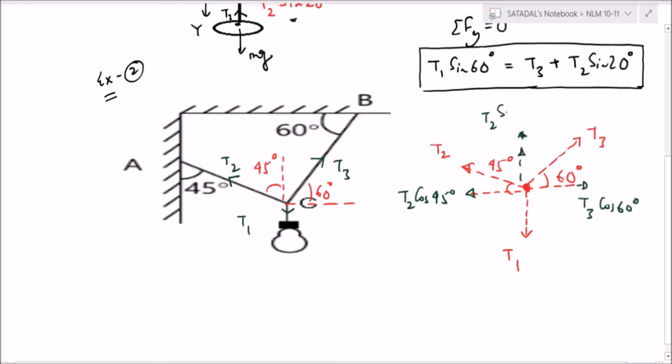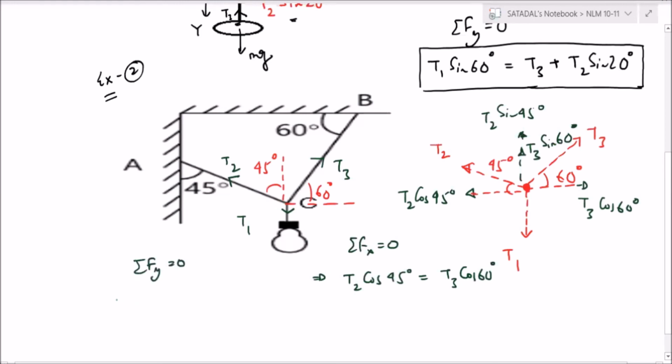This is T2 sin 45 degree and this is T3 sin 60 degree. So if I do summation of Fx equal to 0, we will get T2 cos 45 degree equal to T3 cos 60 degree. And if we do summation of Fy equal to 0, we will get T2 sin 45 degree plus T3 sin 60 degree equal to T1.